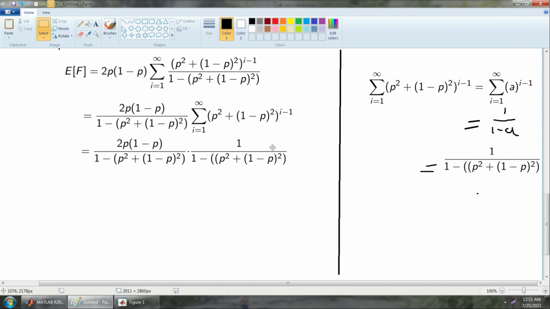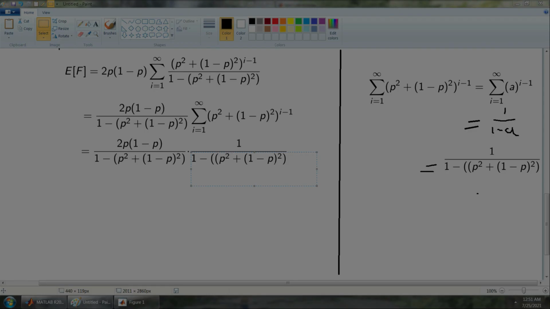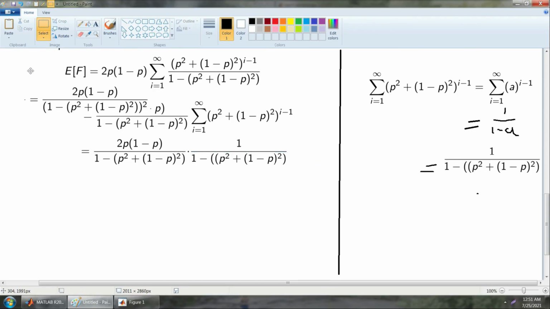So all I did was replace this sum with this term here. Okay, so from here I can do some simple algebra. So notice that this term is exactly the same thing as this, so I can combine them pretty straightforwardly as one fraction as this expression here.